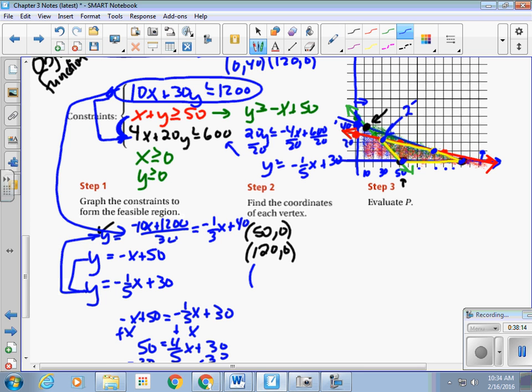Then we plug that back in. If I plug it into here, if x is equal to 25, 25 plus what has to equal 50? 25. So our vertice here is 25, 25. We are now just missing this one here.